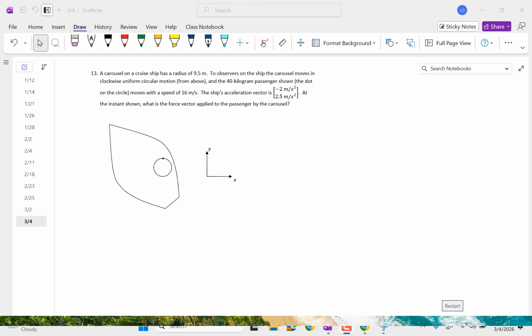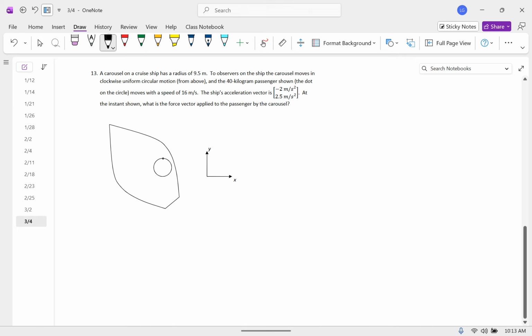All right. So we're going to have to use relative motion here. I'm going to think of the center of the carousel as the ship. That's rigidly fixed to the ship. And this is the passenger. And we're going to calculate the acceleration of the passenger relative to the ground is equal to the acceleration of the passenger relative to the ship, that's the circular motion of the carousel, plus the acceleration of the ship relative to the ground.